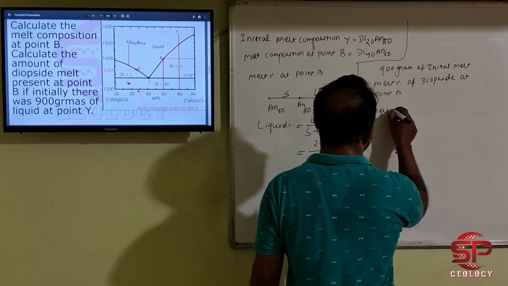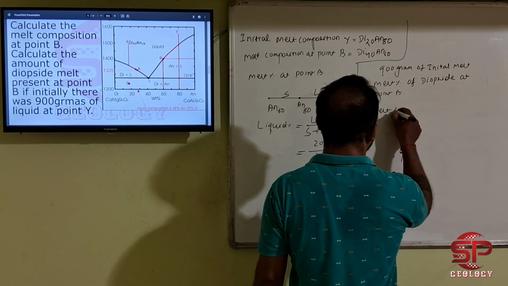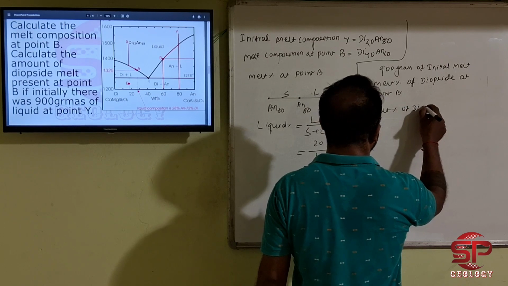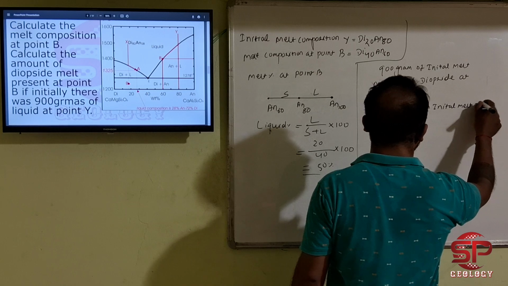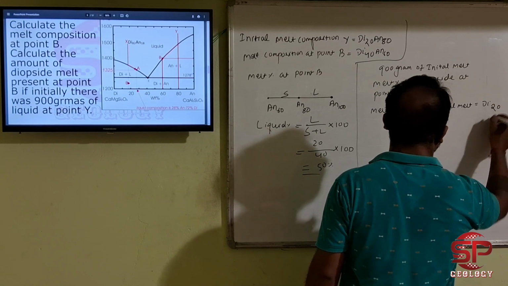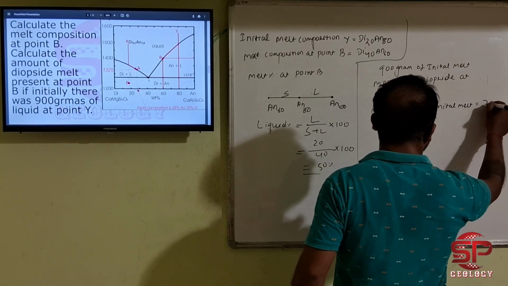So the melt percentage of diopside in the initial melt is diopside 20, or you can say 20%.